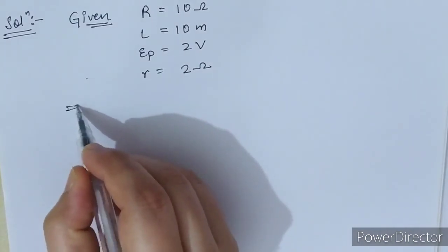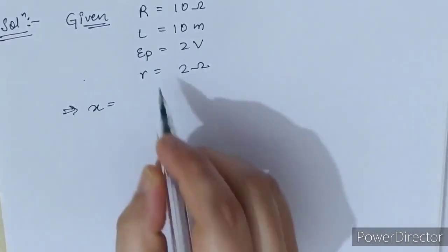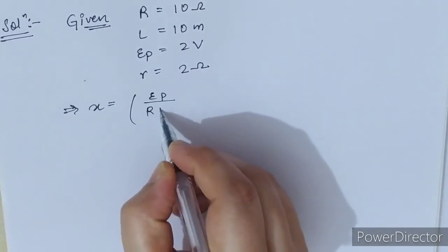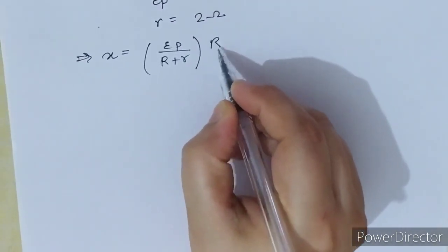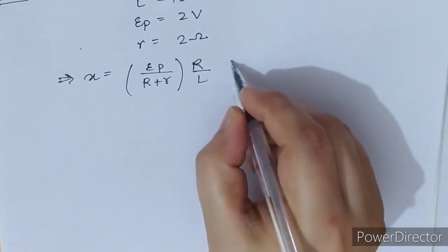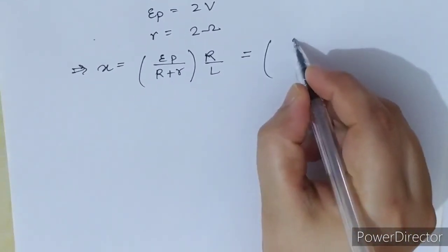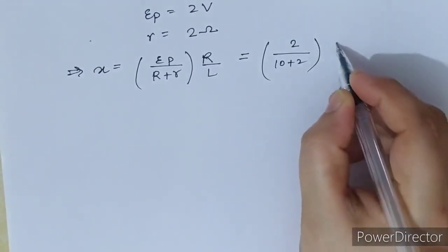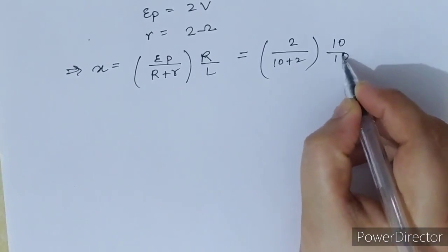For the potential gradient, the formula is E upon R plus r, into R upon L. So simply we put in the values: 2 upon 10 plus 2, into 10 upon 10.